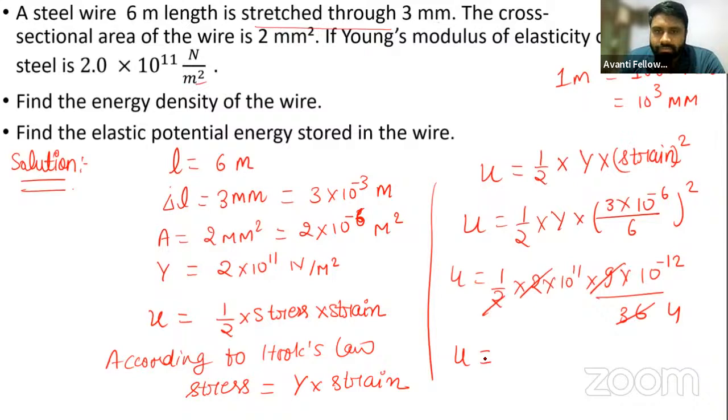So the value of u will be 1 upon 4 into 10 raised to the power minus 1, because this power will cancel out.